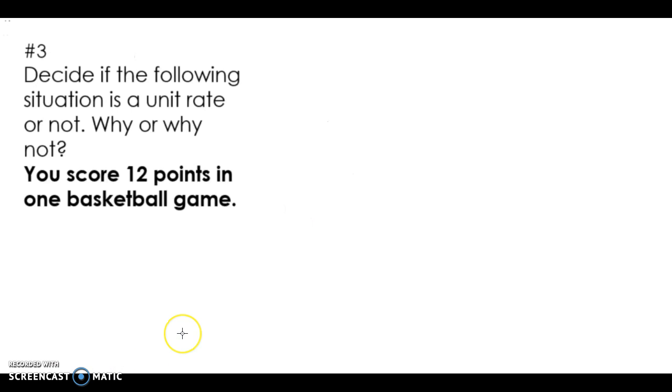Number 3, decide if the following situation is a unit rate or not. Why or why not? So you scored 12 points in 1 basketball game. So 12 points in how many basketball games? 1 game, right? So what is the big thing about unit rates?